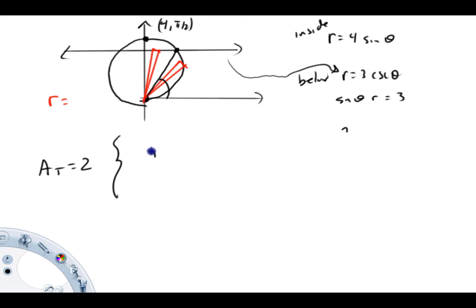First integral is going to be 0 to pi over 3, r squared d theta, where r is defined by the circle 4 sine theta. So 4 sine theta squared d theta. This will map out the area bound in this region. Oops, over 2. Area of a polar element, 1/2 r squared d theta.